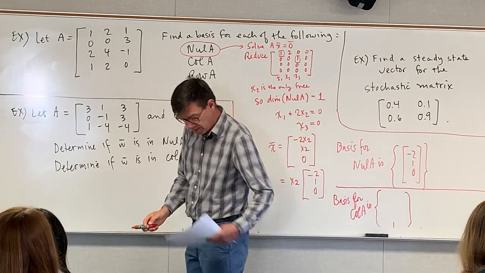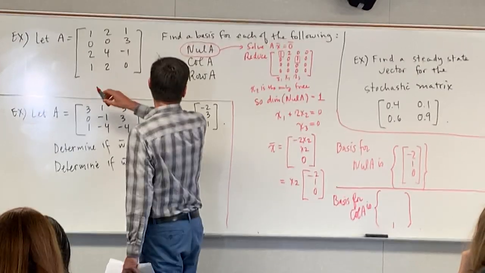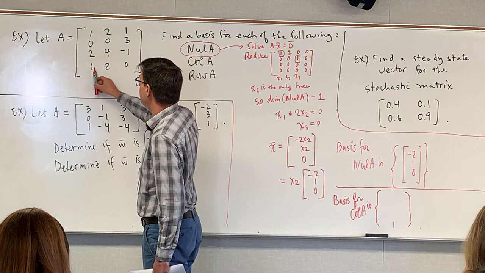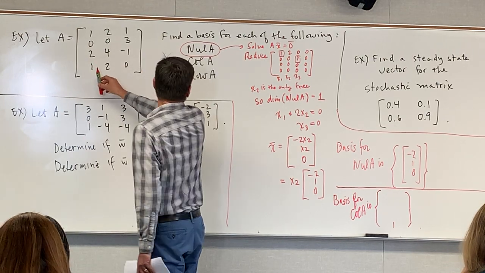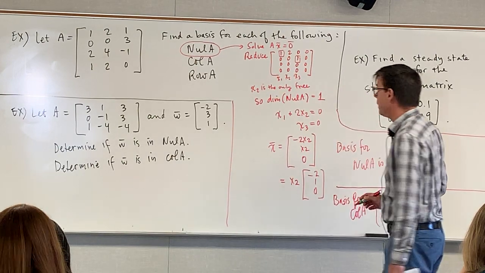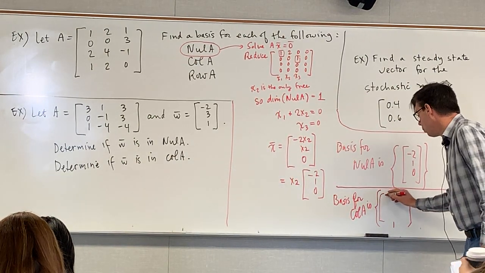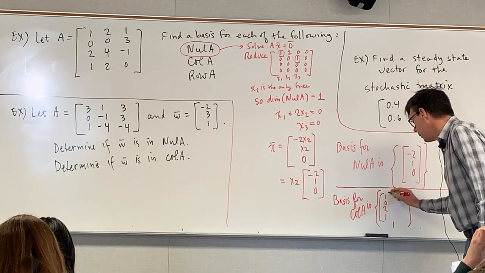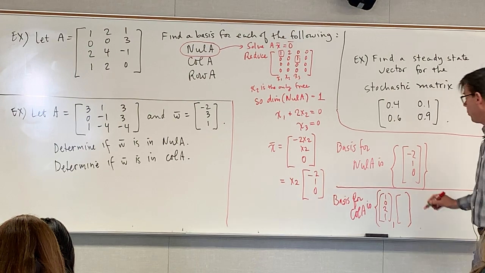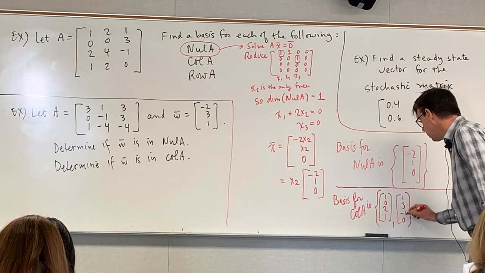Again, same dimension, and also the linear dependence relationships are the same in the original matrix. So I know the first and the third column have to be linearly independent. So I can take 1, 0, 2, 1. They correspond to the pivot columns, right? And 1, 3, negative 1, 0.